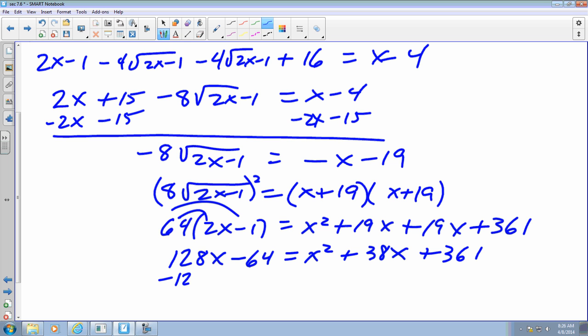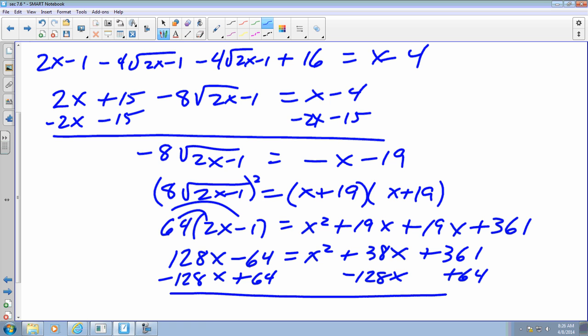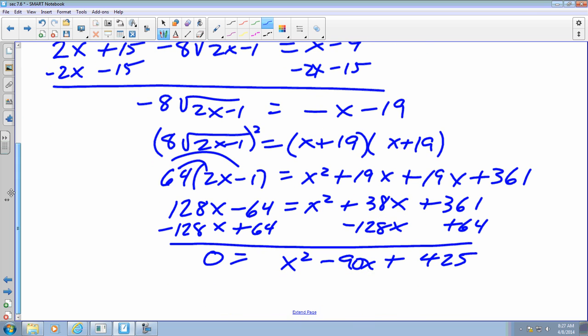If I subtract 128x and add 64 on both sides, I get 0 equals x squared minus 90x plus 425. So we are looking for the factors of 425 that add up to -90.